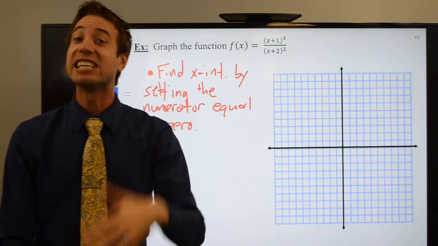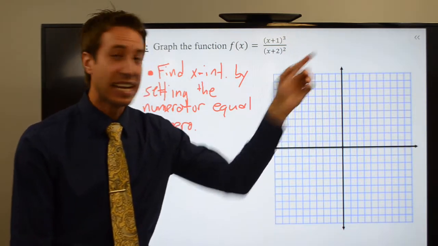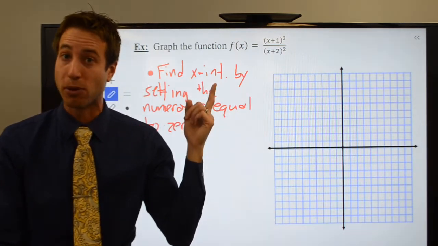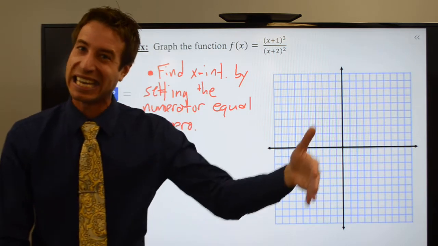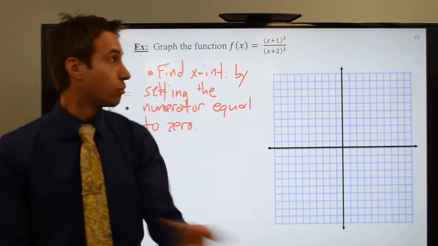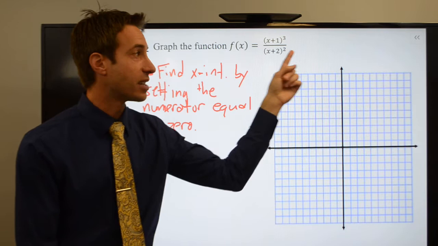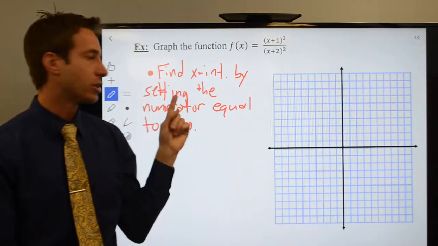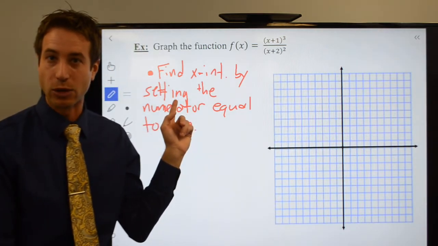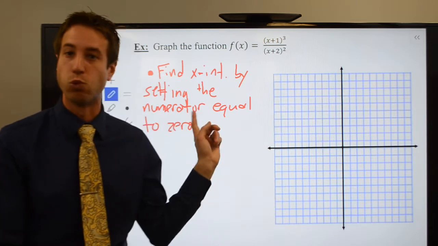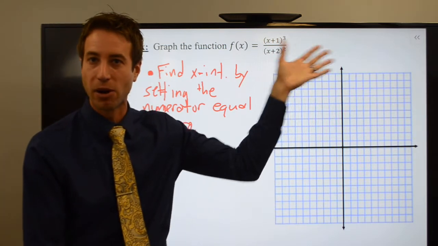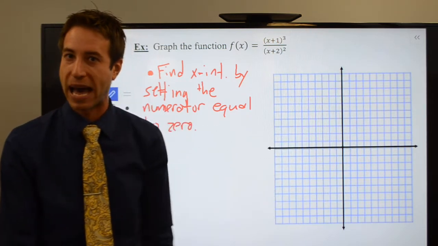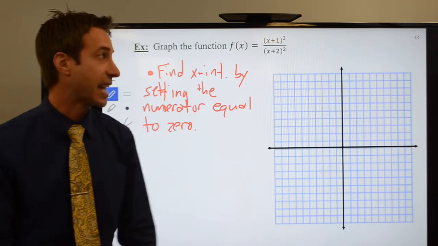But when k is hidden, that k is not easily distinguishable in this problem. It's been hidden in the function. I just have a numerator and a denominator. There's nothing added or subtracted back here. It will always just be setting the numerator equal to 0. The only way this wouldn't work is if you've got some number added or subtracted on the back out here, but that would be your value of k anyway.